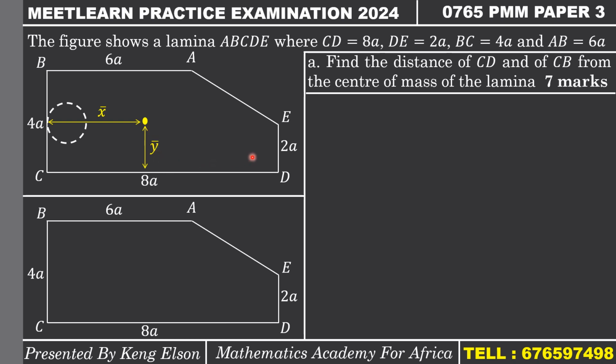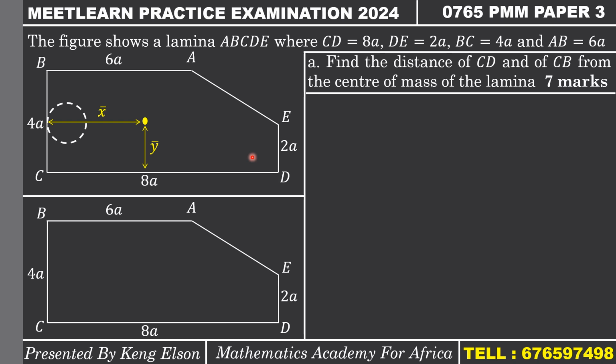Now we basically need to use the principle of conservation of moments, which says that the algebraic sum of moments of a system about any given axis is 0. We could also say that the total clockwise moment about a given axis is equal to the total anti-clockwise moment.